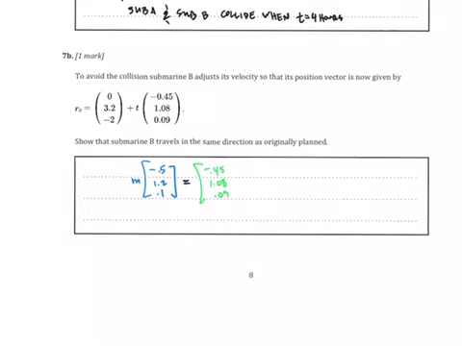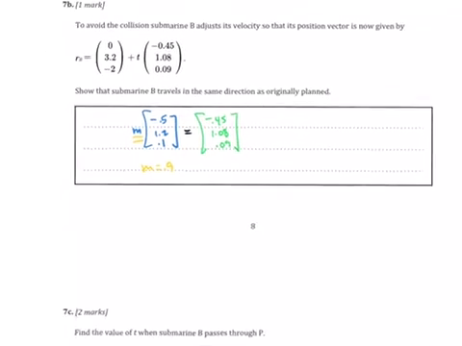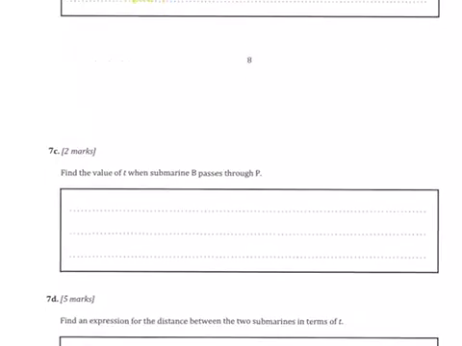Now, if this scalar multiple were m equal to 0.9, the two vectors would be equivalent. Therefore, we could say that they're headed in the same direction, just at different speeds, and that the new speed is about 90% of what the old speed was. So its velocity is changed.